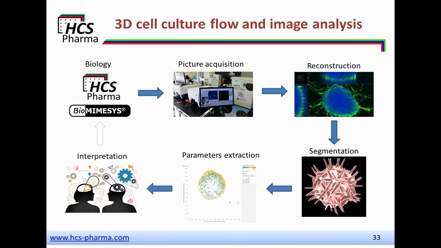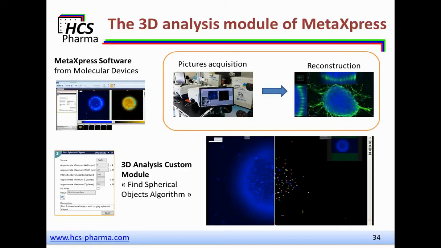I will finish just with a few words on 3D cell culture flow, because obviously, since we are using cells in 3D, we need to make the proper picture acquisition, which is possible with our MetaXpress micro confocal systems. And then we need to reconstruct the spheroids that we get, or the structures that we can observe in 3D, before extracting interesting parameters and interpreting the biological results.